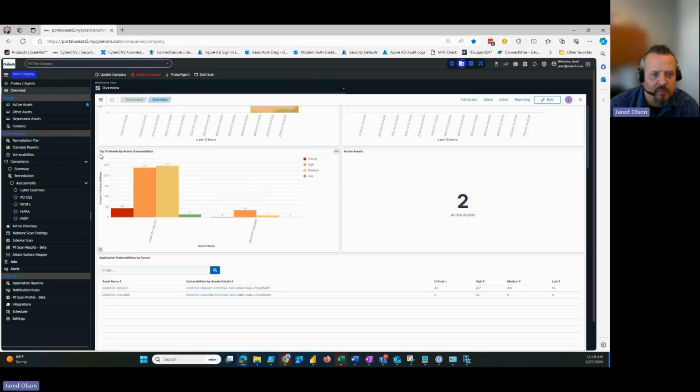Then you've got your breakdown of your top 10 assets by active vulnerabilities. Again, we set up this demo and lab environment to show an environment that's not being updated, not being patched, not being remediated for vulnerabilities. So it's common to see 43 critical, 237 high, 246 medium, and 14 low.